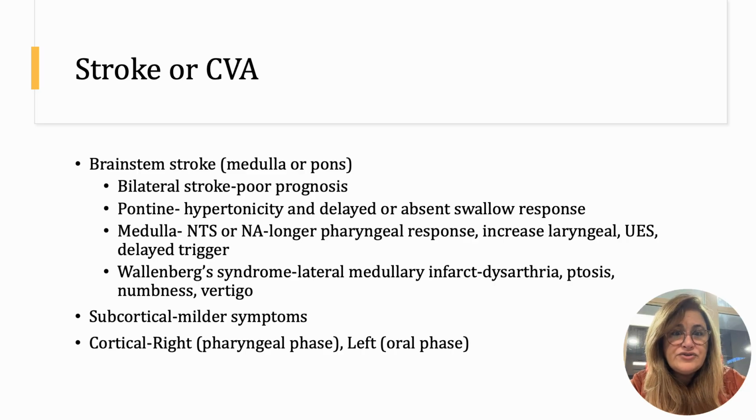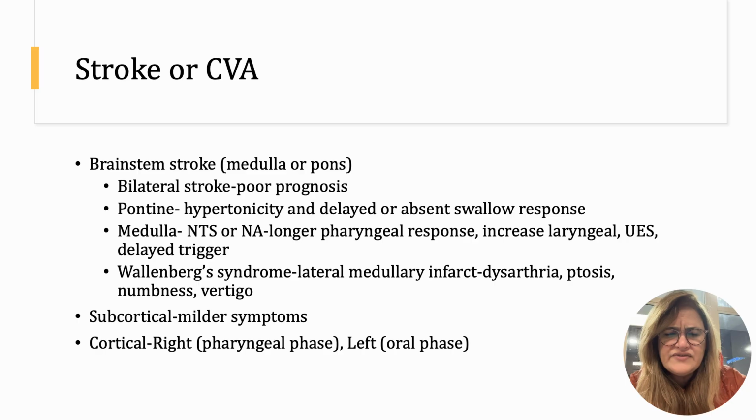There's stroke, Wallenberg's syndrome, that may result as a result of medullary infarct. That also, besides having the swallowing problem, will have dysarthria and ptosis. That is when the eyelid is a little bit heavy or closed for those clients. Numbness, vertigo.